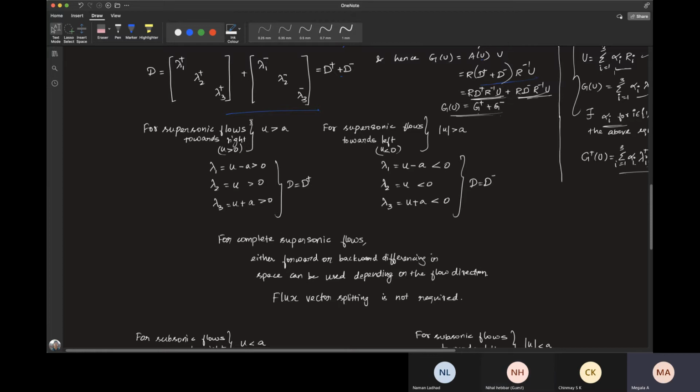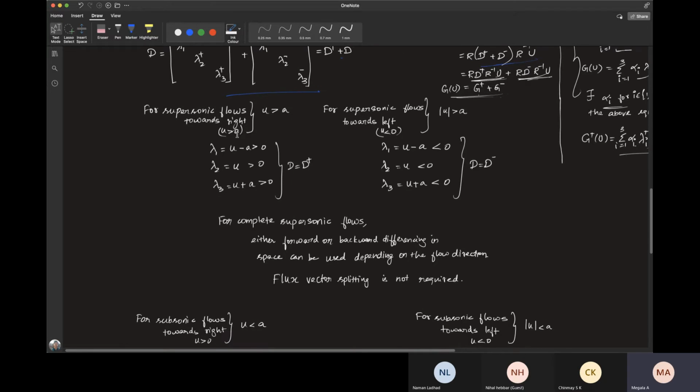So, your magnitude of flow velocity will always be greater than sound speed in case of supersonic flows. So let us just consider supersonic flow towards right, where u is greater than 0. In that case all the three eigenvalues will always be greater than 0.